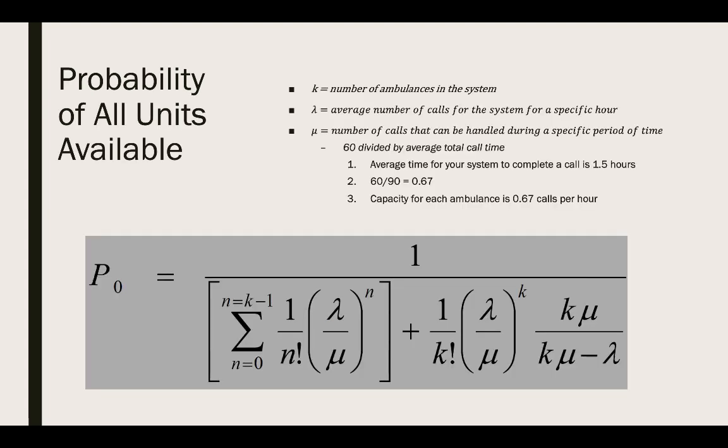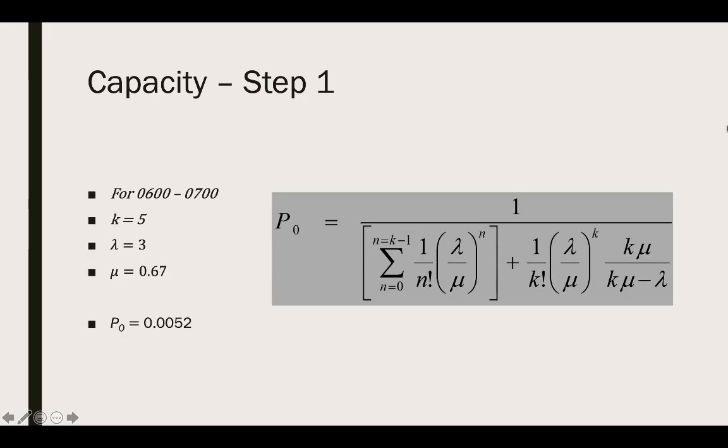We said the average time for a total call is 1.5 hours, so 60 divided by 90 is 0.67. All we have to do is plug these in, remembering that we're starting the summation at n equals 0 and ending at k minus 1, so we're ending at an n of 4.